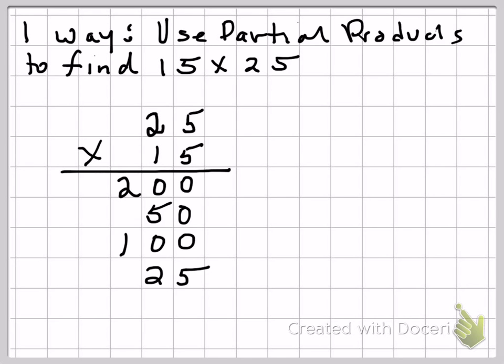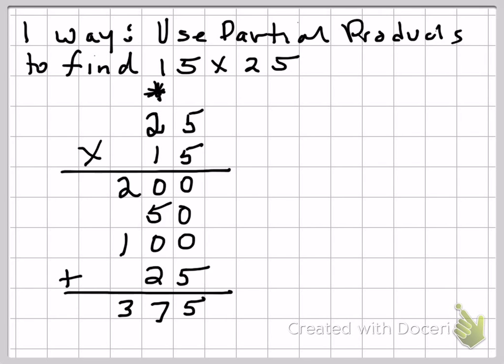So I have used each place value starting with my greatest place value, starting in the tens column, okay? So I'm going to go ahead and add these up. 5, 7, 2 plus 1 is 3, 375. Wow.